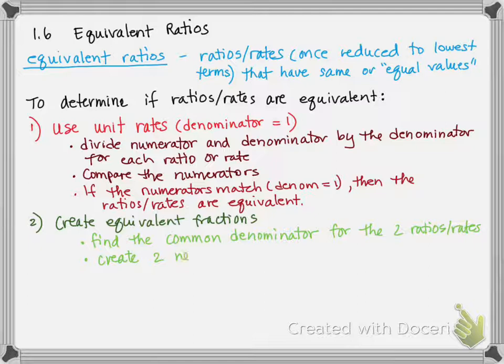And then you're going to create two new fractions, ratios or rates, using the common denominator. And so remember, that's when you multiply the denominator, let's say by 3, you got to multiply the numerator by 3.